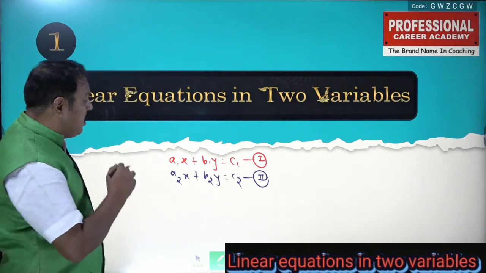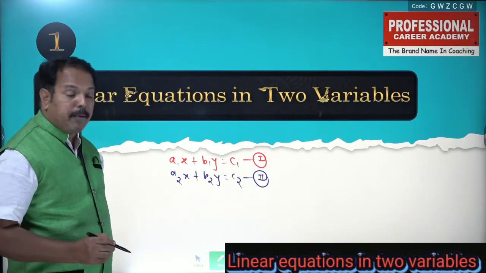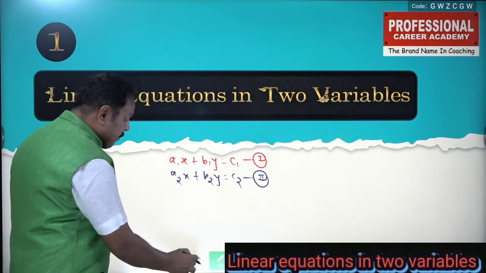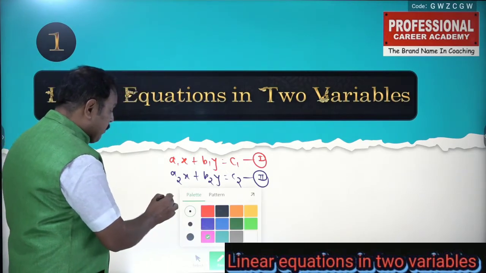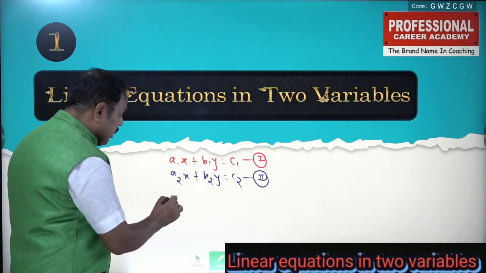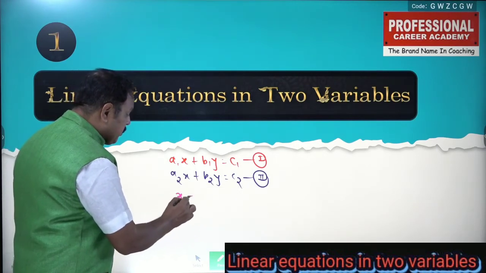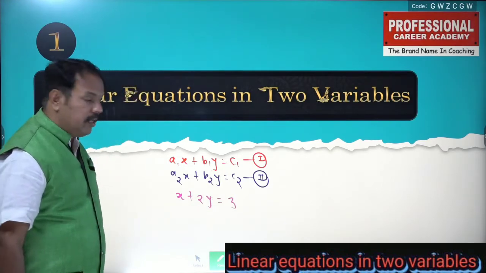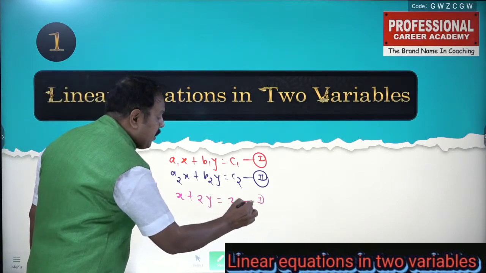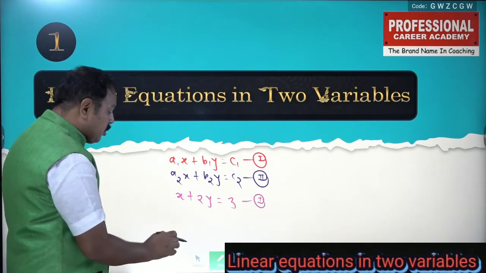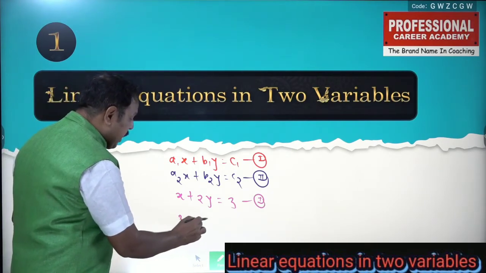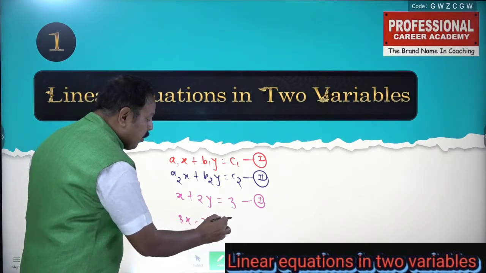Now this is the general example. If we take a specific example, the first example is x plus 2y is equal to 3. This is equation number 1. And suppose another one, 3x minus y is equal to 1.